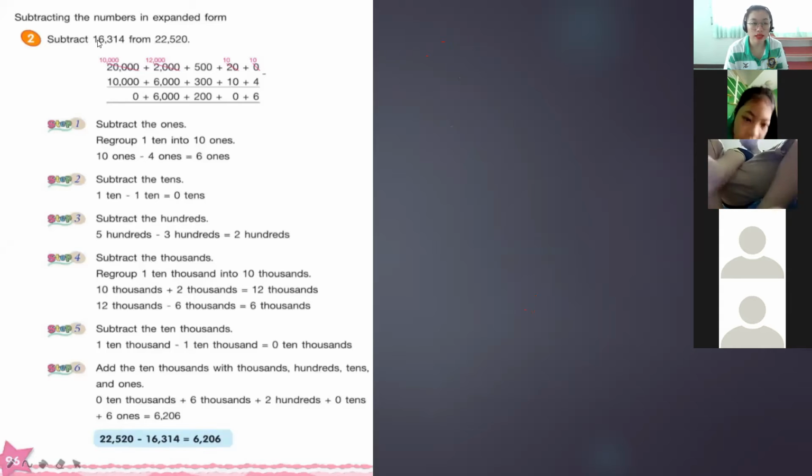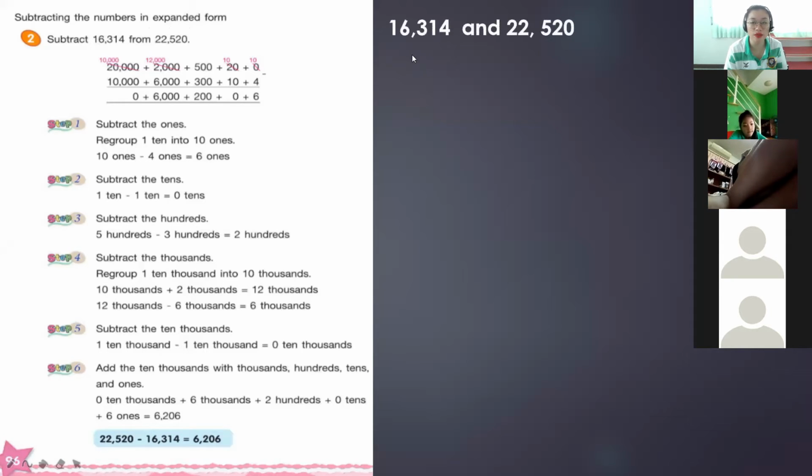Subtract 16,314 from 22,520. We're going to subtract these two numbers. The bigger number is 22,520, and the smaller number is 16,314. So we're going to start with the bigger number as the minuend.